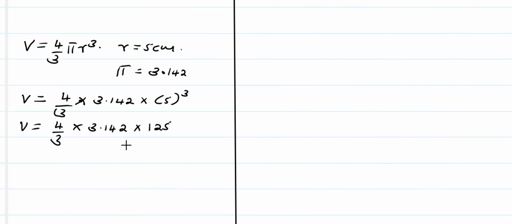So from there, we can take all these values and say 4 multiplied by 3.142 multiplied by 125, then all of them divided by 3, like that.